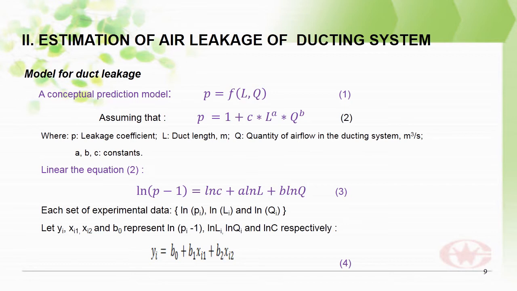To linearize the equation, the natural logarithm is used. With experimental data, logarithm P, logarithm L, and logarithm Q are given. The equation above can be written as equation 4.